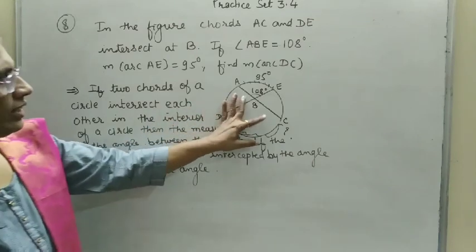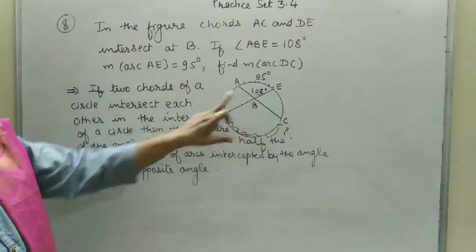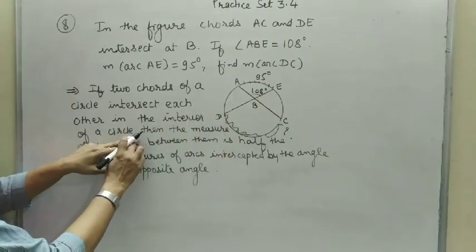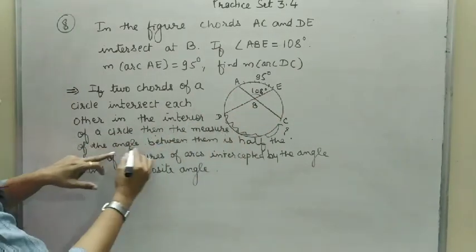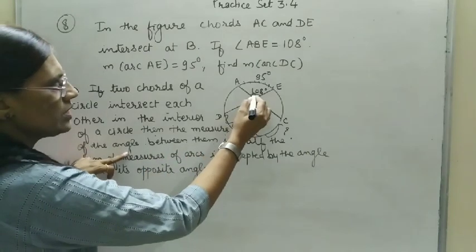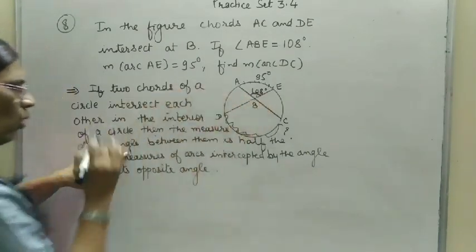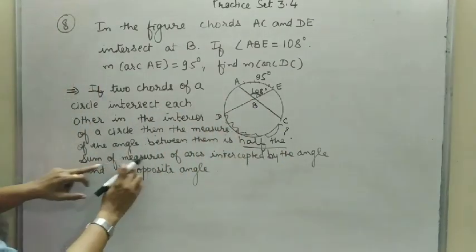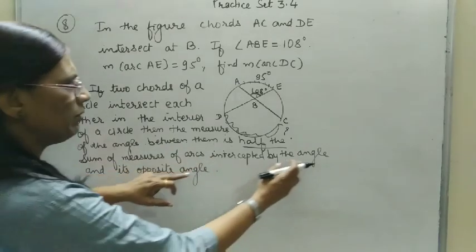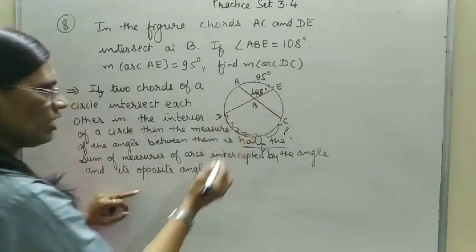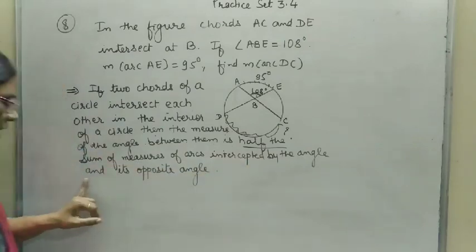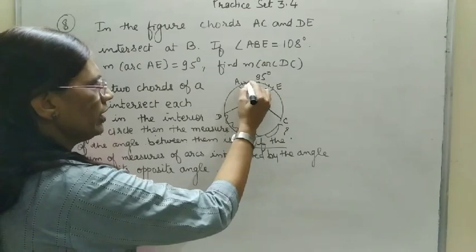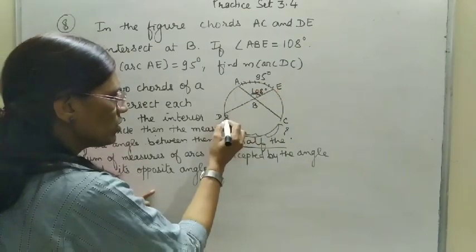Now, these two chords intersect in the interior of a circle. Then the measure of the angle between them is half the sum of the arcs intercepted by the angle and its opposite angle.